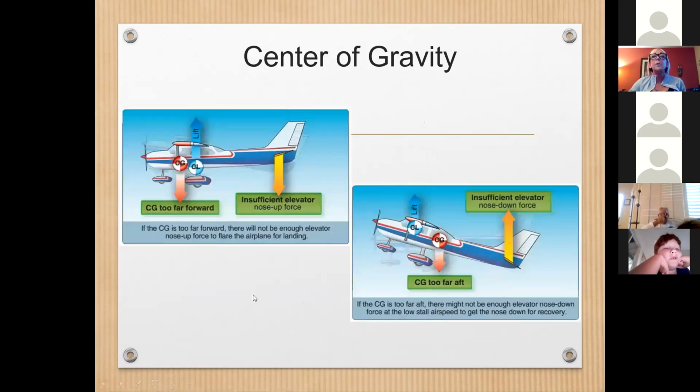So here we have a really good graphic on this: center of gravity is too far forward. Let's say you put your battery up here farther in the nose. Now we're going to talk about the real usage of the elevator. You'll have insufficient elevator nose up force. So if the CG is too far forward, there will not be enough elevator nose up force to flare the airplane for landing. So we would not see the shadow here.